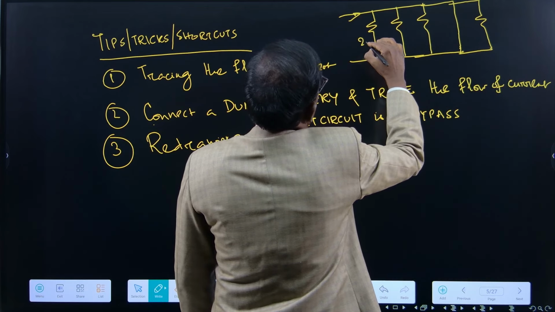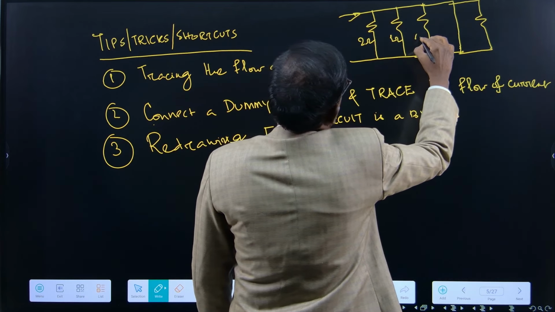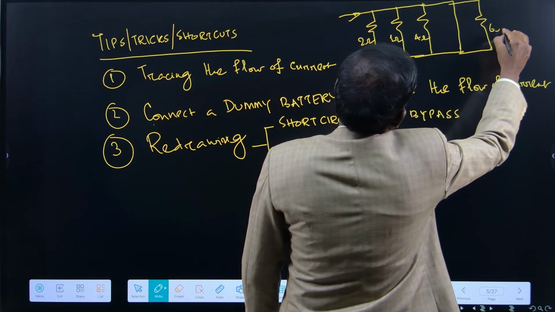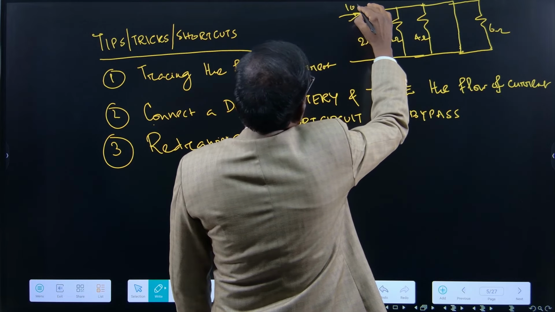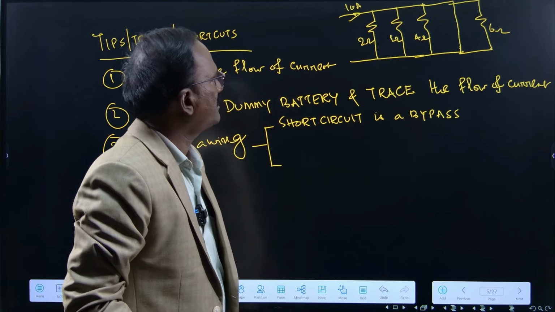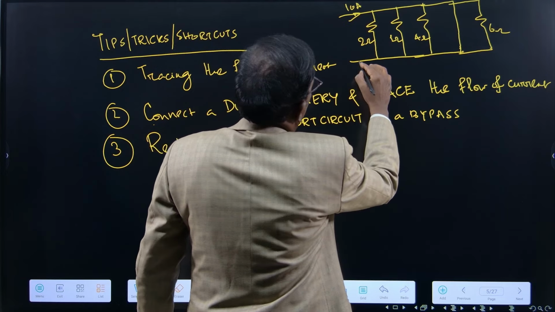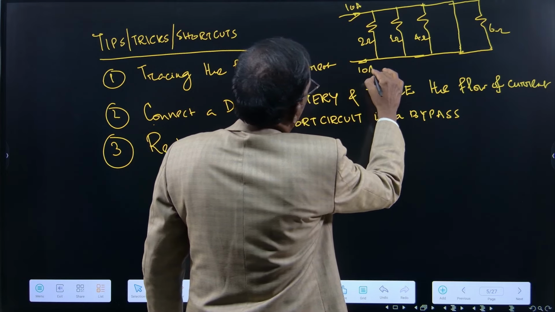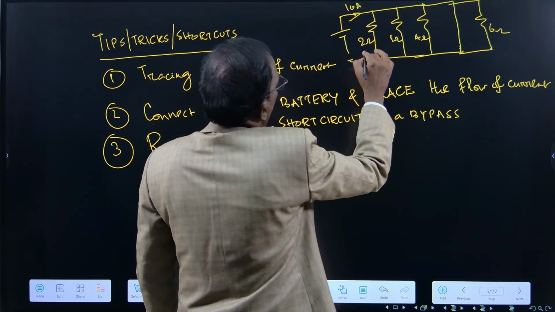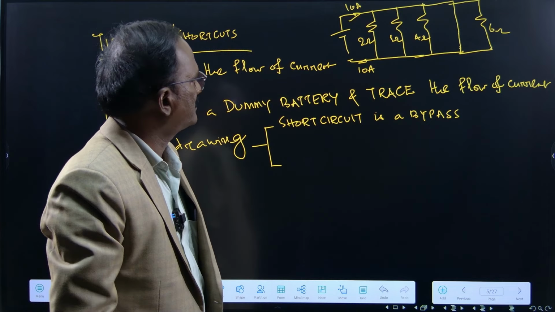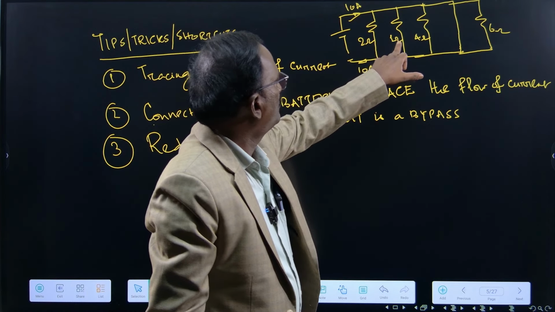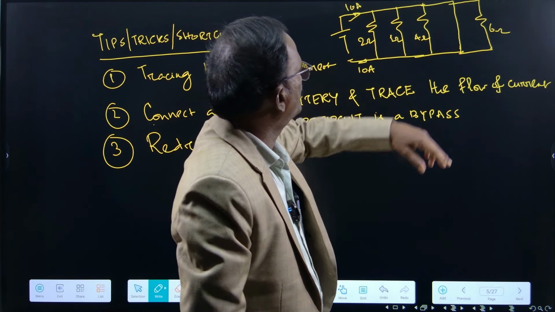This is say 2 ohms, 1 ohm, 4 ohms, 6 ohms. Assume 10 ampere is flowing from here and it is returning this way. Say this is 1 EMF battery, right? So 2 ohms, 1 ohm, 2 ohms, 1 ohm, 4 ohms, right?